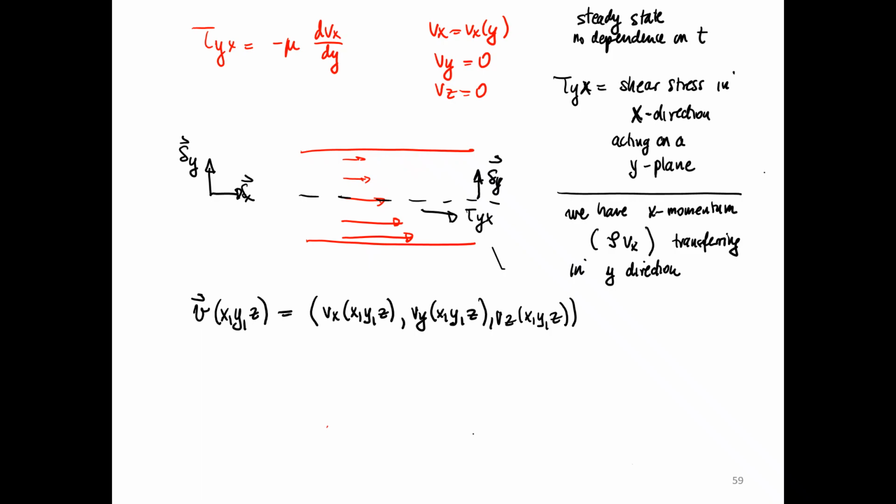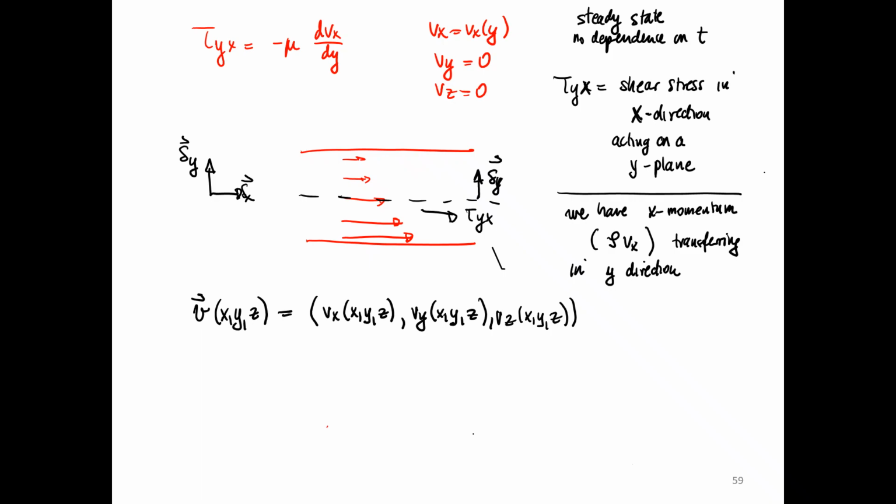But I will have also x momentum transfer across x plane and z plane as well. Okay. Likewise, I'm going to have y momentum transfer, and that can go across x, y, z plane. And finally, z momentum transfer, and that can go across x, y, z. And so I need basically 3 by 3 numbers to describe what's happening. And that's essentially the generalization.